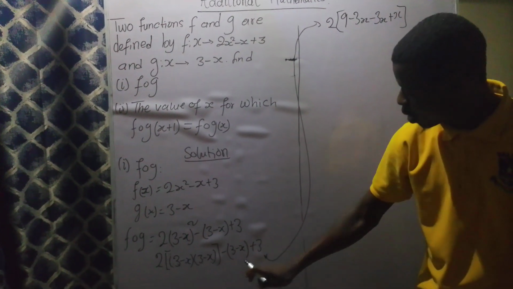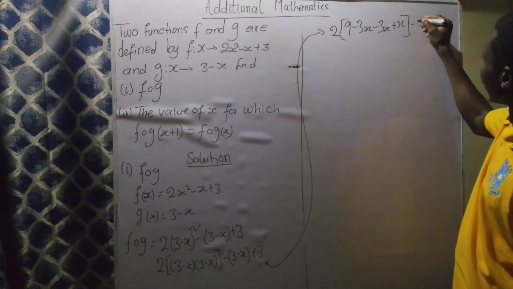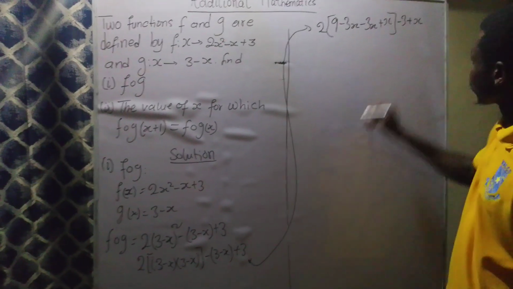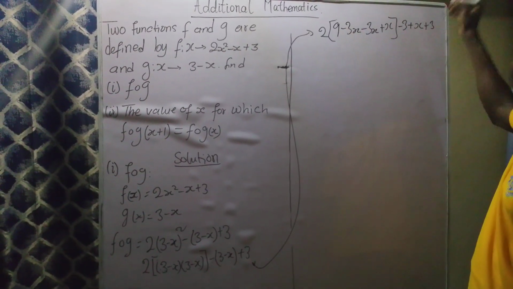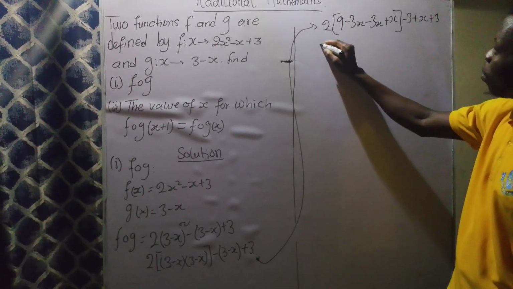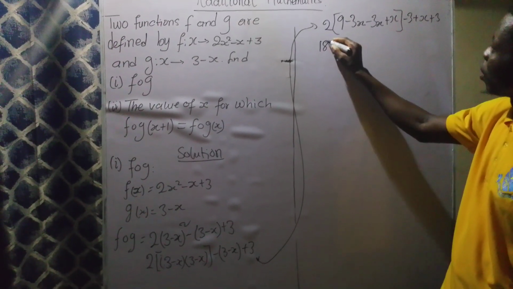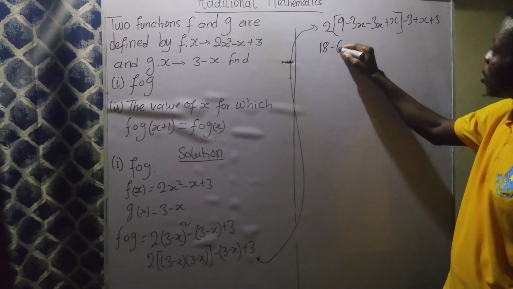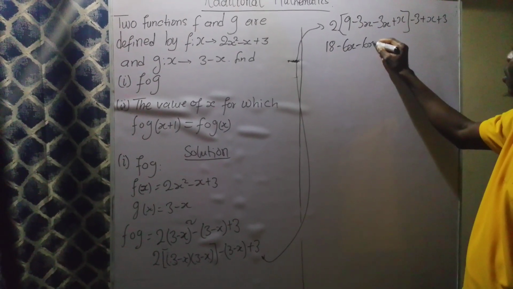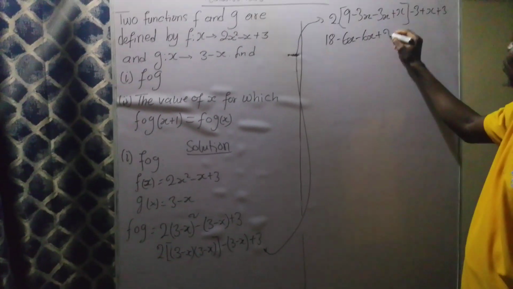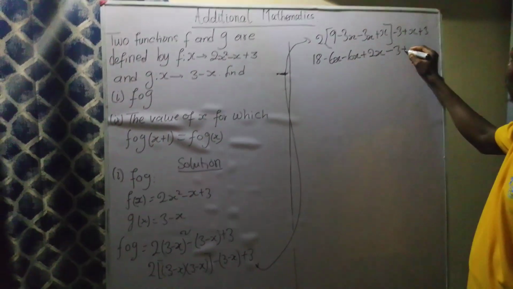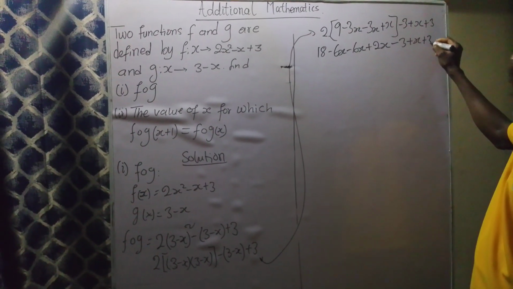Then we expand the parenthesis: that will be negative 3 plus x, plus this constant 3. Expanding the outer bracket, that will be 18 minus 6x plus 2x squared minus 3 plus x plus 3.